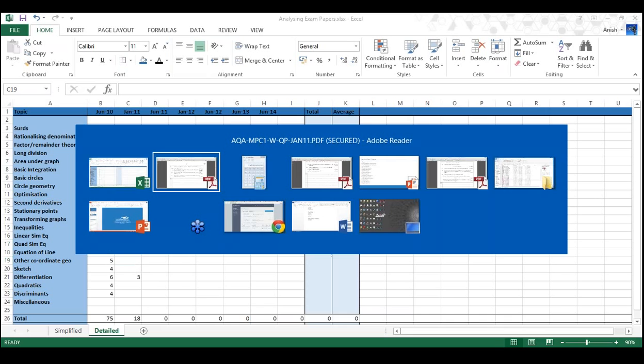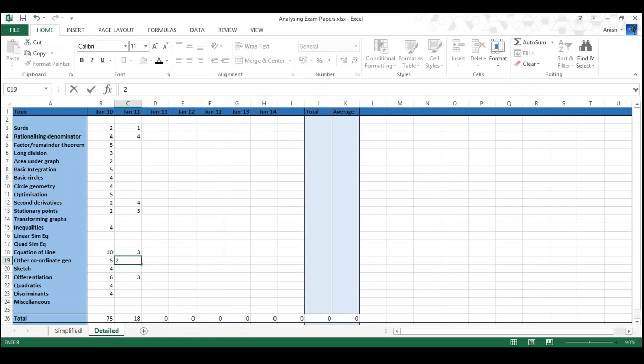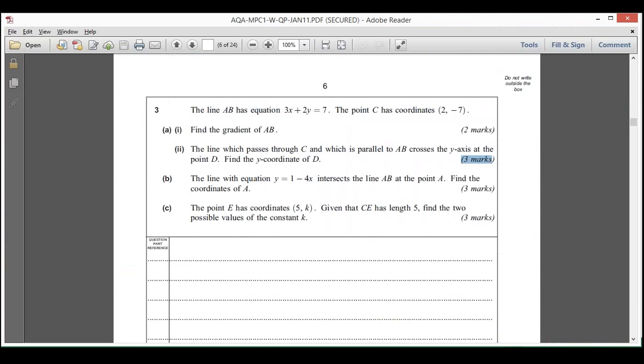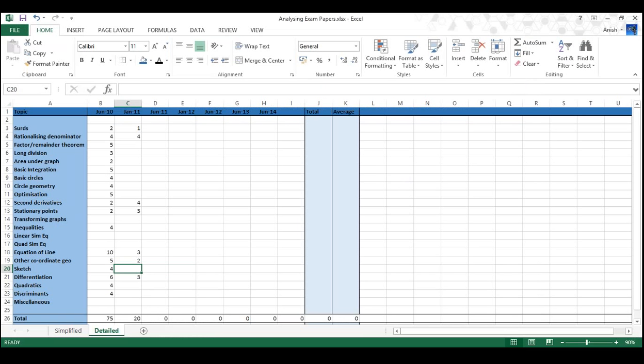Coordinate geometry was 2. The line with the equation that intersects that, so coordinate geometry again for part B. It has a length, so that's distance, so that's coordinate geometry as well. So that's 6 more marks, that makes that 8.